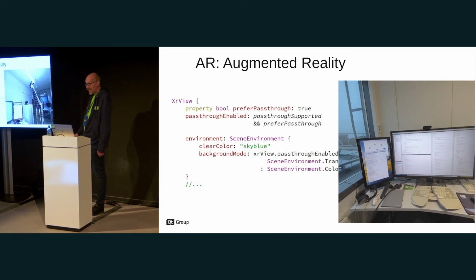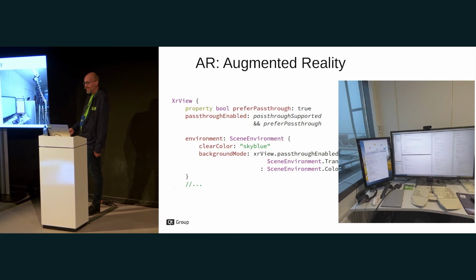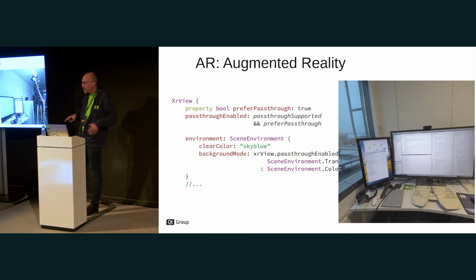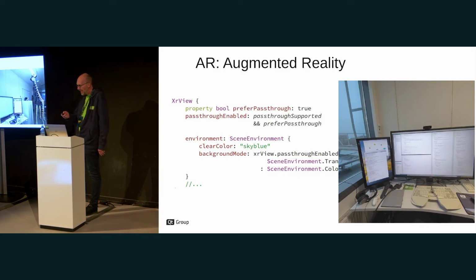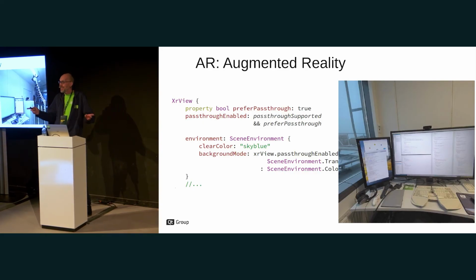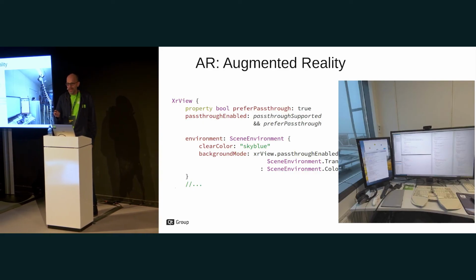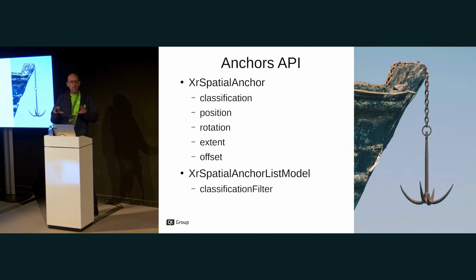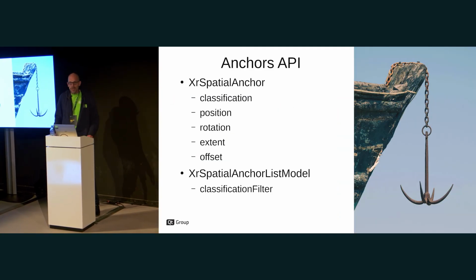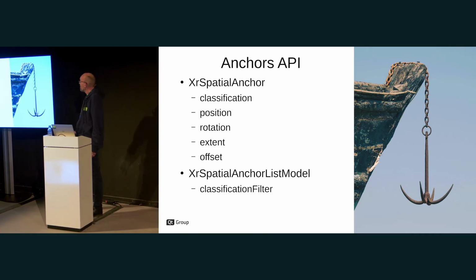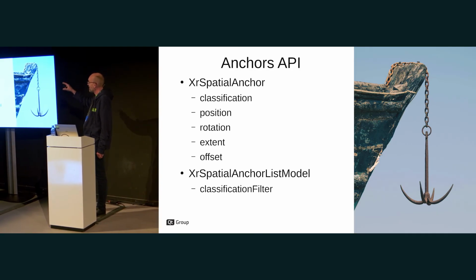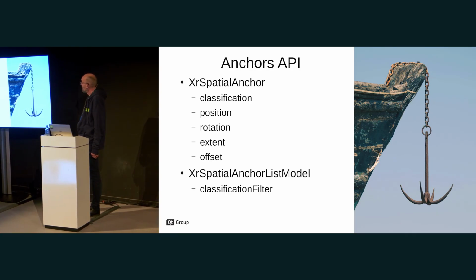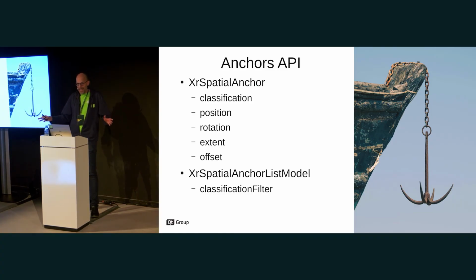Now, if you look carefully, you see this giraffe is just standing on the floor. It's not actually interacting with anything in the scene. If you want to place objects relative to something real in your environment, you need to use anchors. So an anchor is something that the headset knows about in the real world.